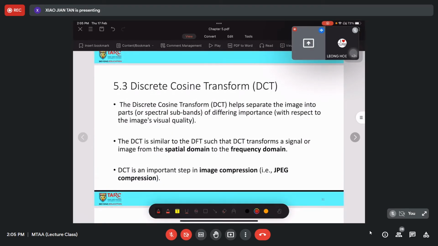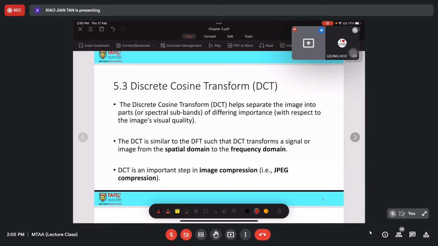DCT and DWT are something, I would say DCT is important. DFT is the fundamental. DCT is important to be used, whereby for image processing, the JPEG that we always use, .jpg or .jpeg, is a very common extension for image compression, which means you can compress an image from a very big size to a very small size.